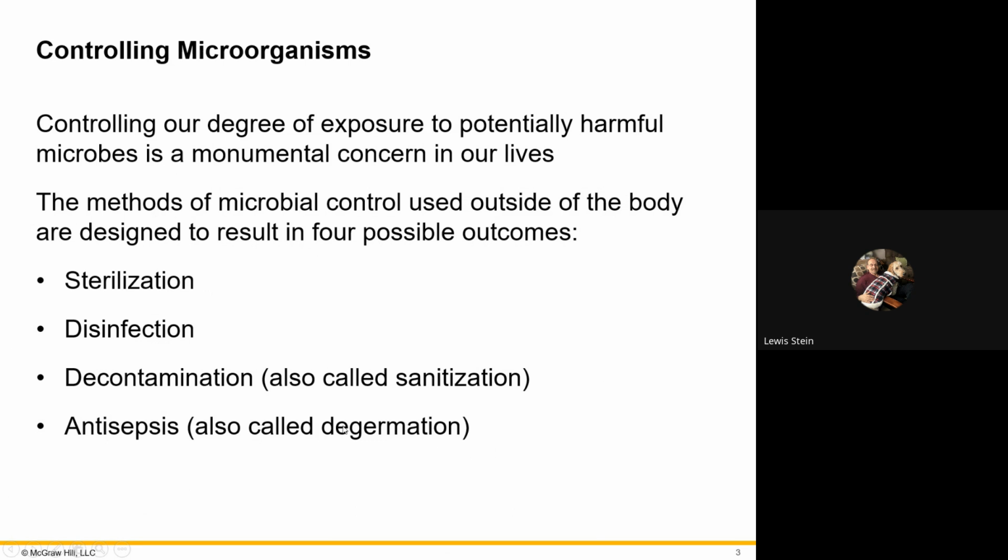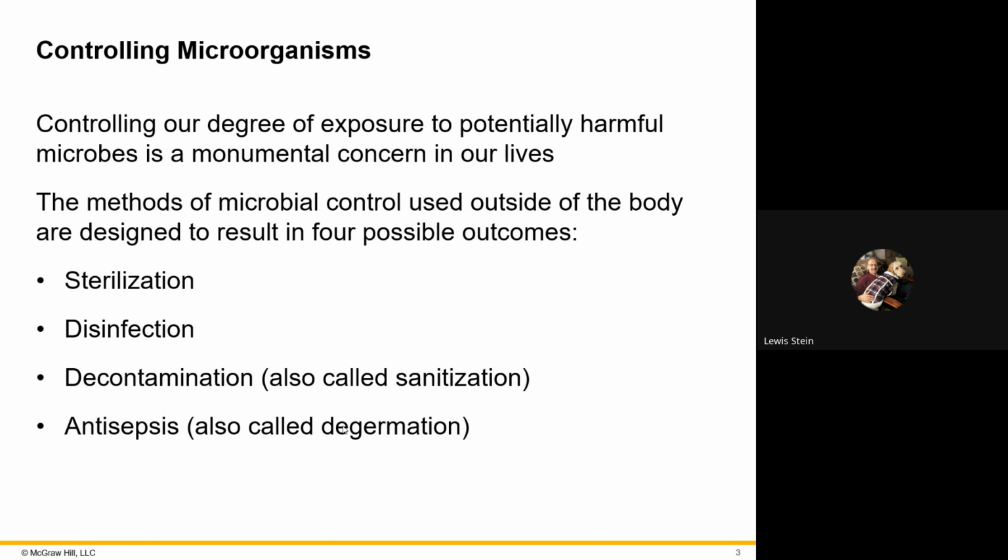Antisepsis, which, I have no idea why they use that term, idiocy. Antisepsis is designed for living things, basically to reduce the degree of microorganisms on living tissue. Washing your hands, for instance, that hand sanitizer thing over there by the door. Those are all, by definition, antiseptics.